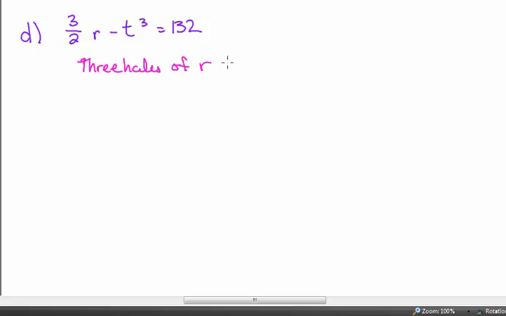All right, the last one of these. I'll go very straightforward. 3 halves of r, remember of means multiplied, minus t cubed is 132.